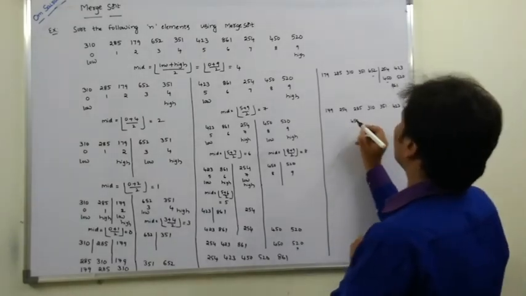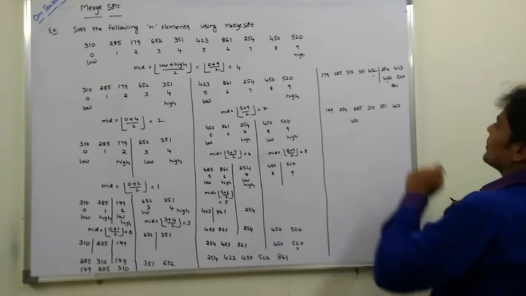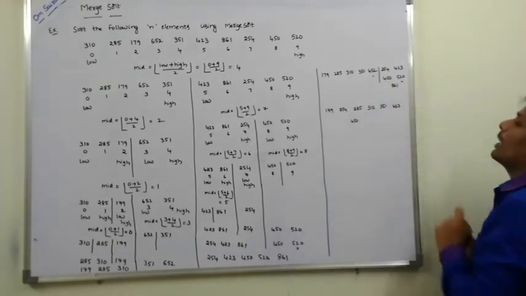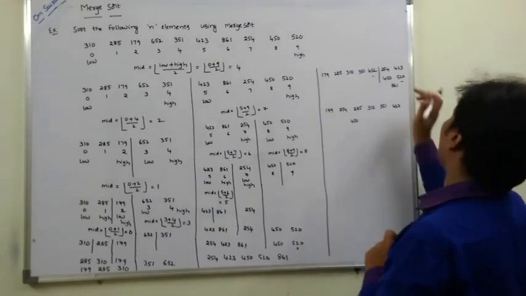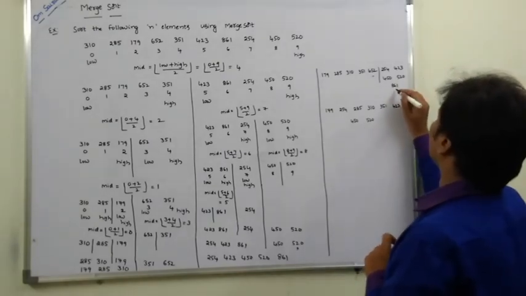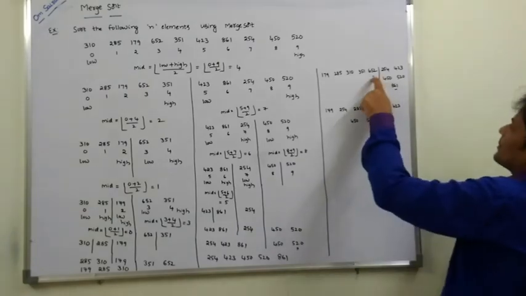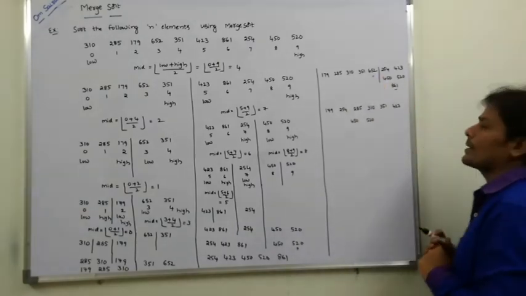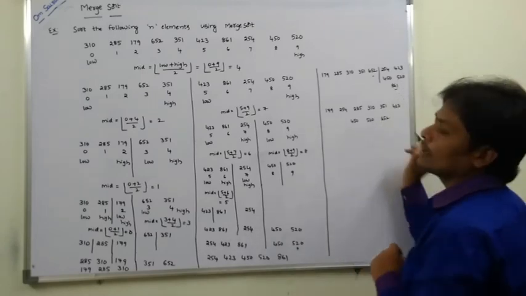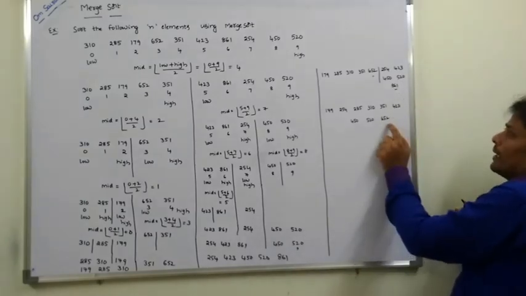It is put in new sorted array. So then this is incremented to this. 652 is compared with 520. So 520 is the lesser value. So again the control is incremented to this value. Next, 652 is compared with 861. So 652 is the lesser value. This value is put in new sorted array.